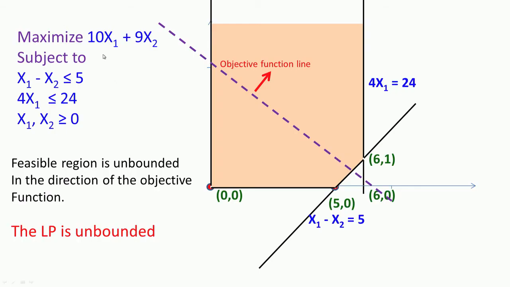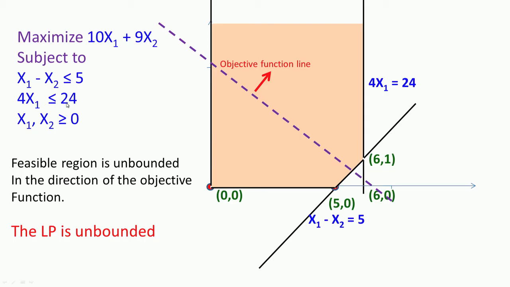Now let us take the same example that we used here, maximize 10x1 plus 9x2 subject to x1 minus x2 less than or equal to 5, 4x1 less than or equal to 24 as the problem, and see what happens when we solve this problem using the solver.